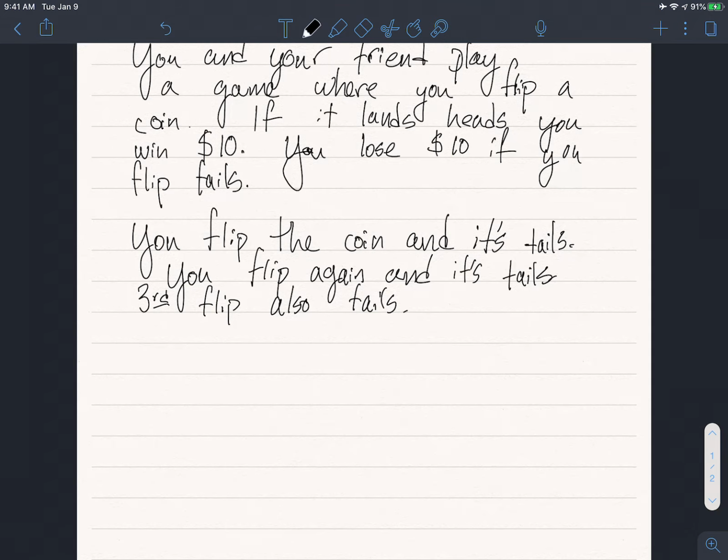Let's say you play again and again and again and again. In fact, after playing, let's say 6 times, the coin landed tails.